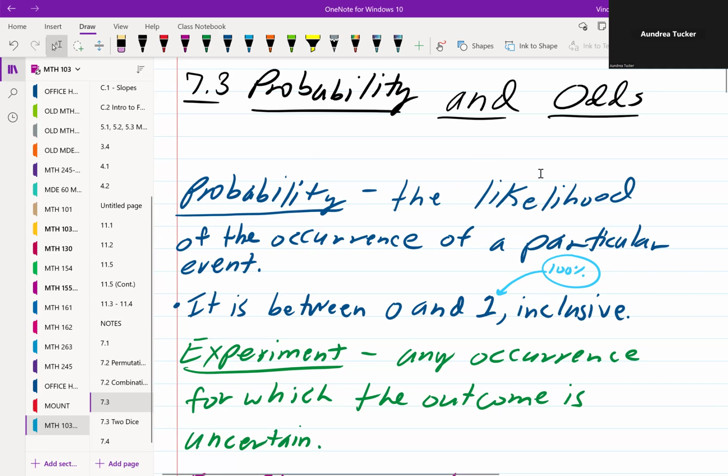For those just coming in, I said a few minutes ago that some of these terms we've already talked about and discussed, but we're just reviewing them as we get into probability.